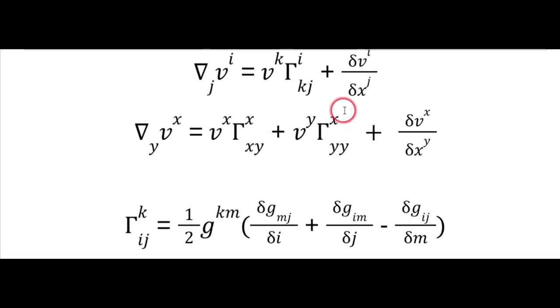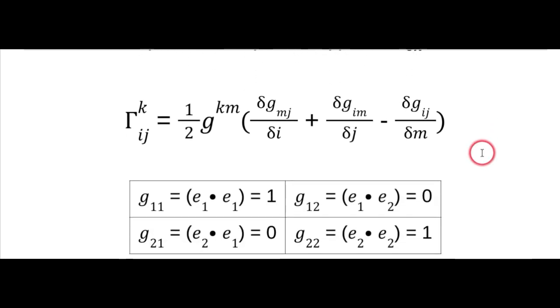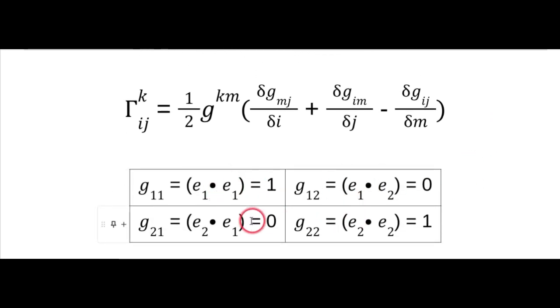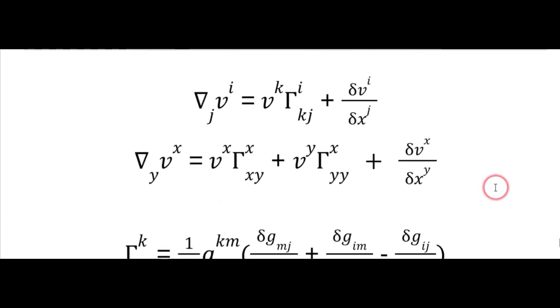If that's 0 and that's 0, then what we're left with is that the covariant derivative is the same as the directional derivative. Now, in plane polar coordinates, these are not 0. This is actually 1 here, and this is r squared. So it's a variable. That's the difference, and why it's true in one case and why it isn't in the other.